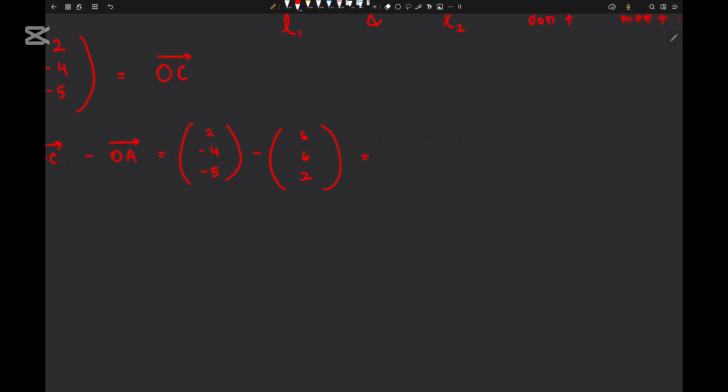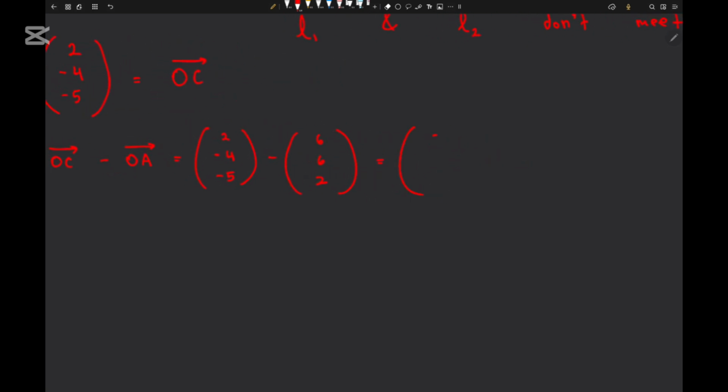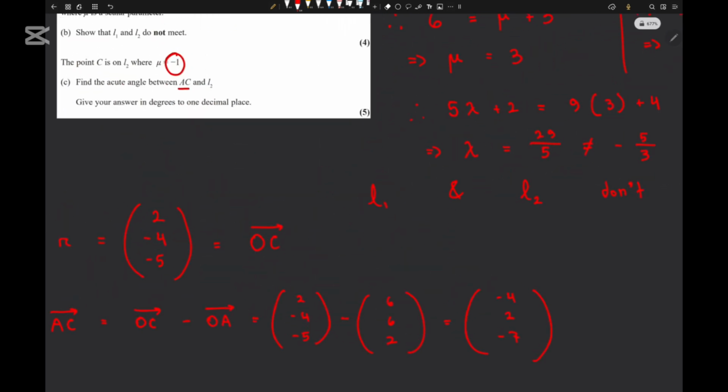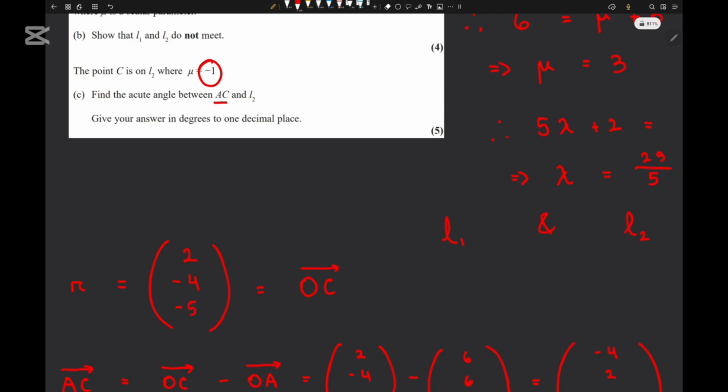So the value of the AC vector is minus 4 and 2 and minus 7. We just need to find the acute angle between AC and L2.